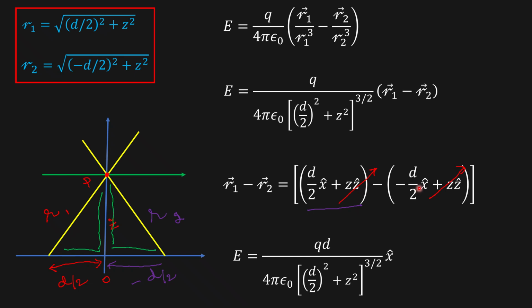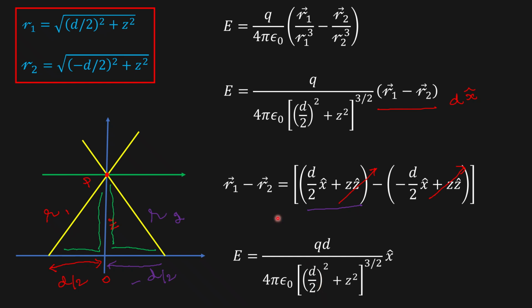So t by 2 plus t by 2 will become just t, but along the x direction, x cap. So I have replaced this as t along x direction. I have kept the denominator as it is.